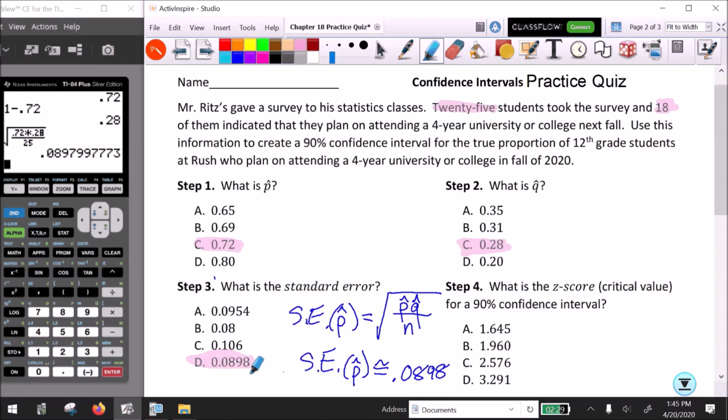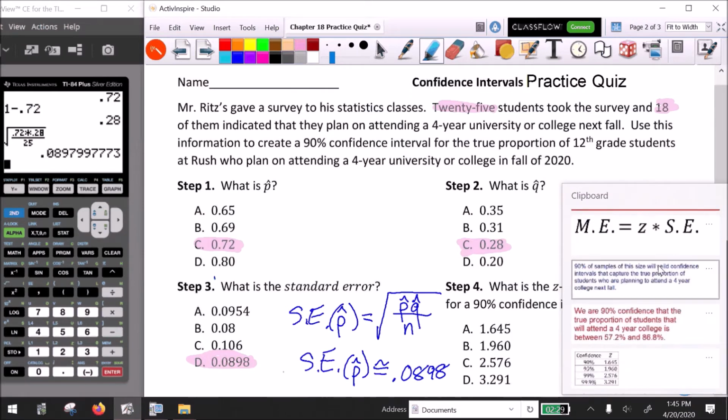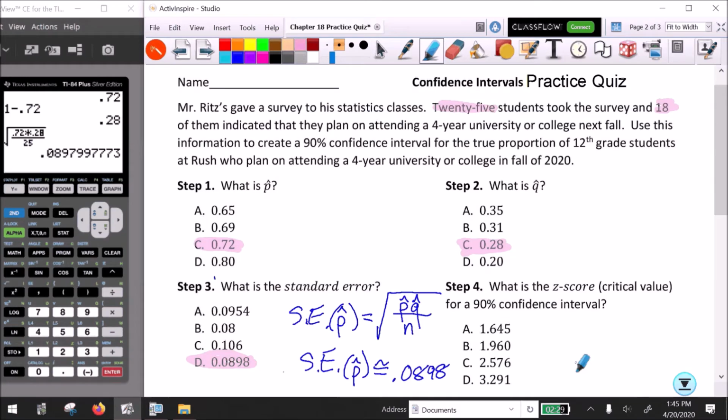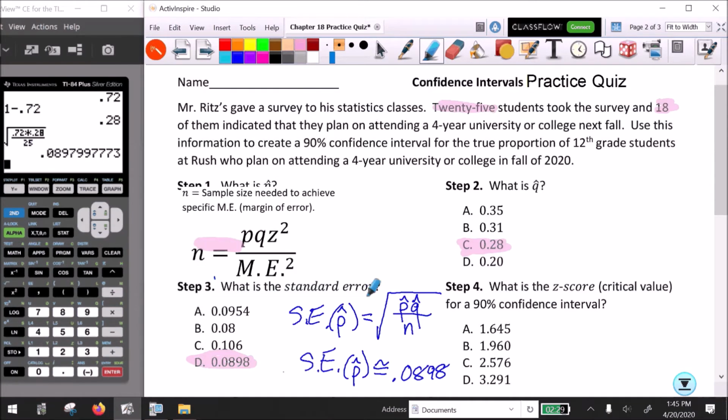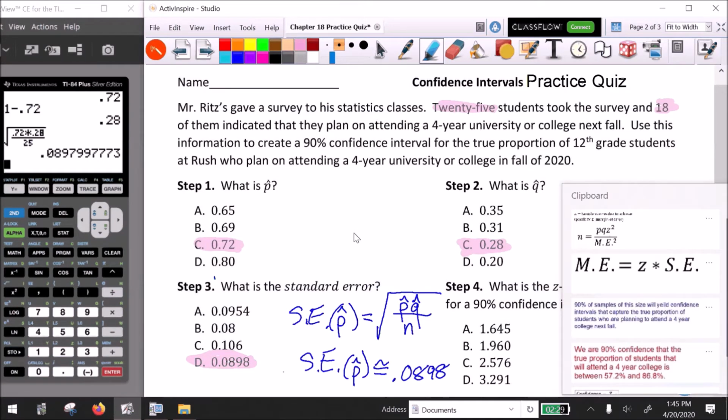Alright, and the z-score, or a critical value for a 90% confidence interval, we can refer back to that one handout that we received. The z-scores for the confidence intervals, here they are. Oops. Go back to my clipboard here.